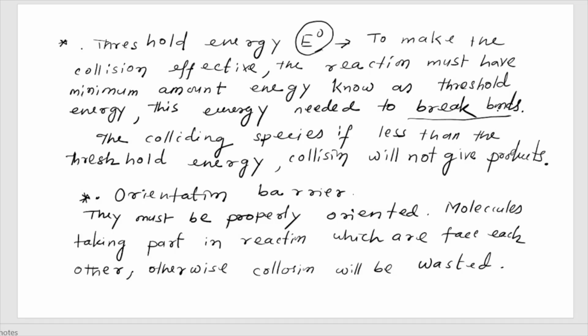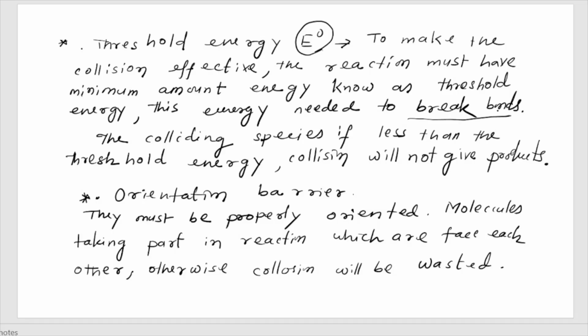If the colliding species have less than the threshold energy, no collision gives the product. So the colliding species should have more than the threshold energy. Only then is a collision able to give product.